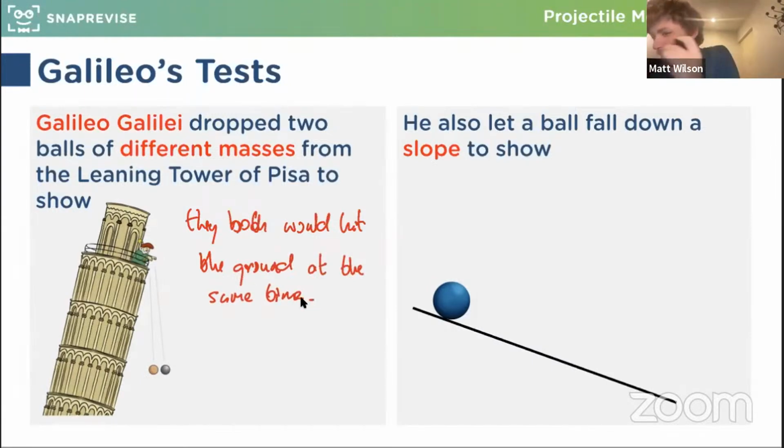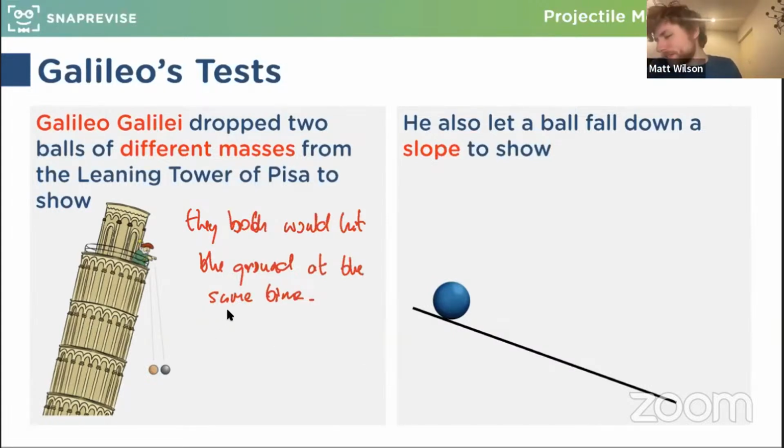Now, this doesn't quite match up with our intuitions. Our intuitions tell us that if we drop heavier objects, they will fall faster. For instance, if I drop a bowling ball, I would expect that to hit the ground sooner than a piece of paper that I dropped. But it turns out that is all to do with air resistance, and that's something that we're not going to be taking into account for now. If there were no air, then this would really be true.